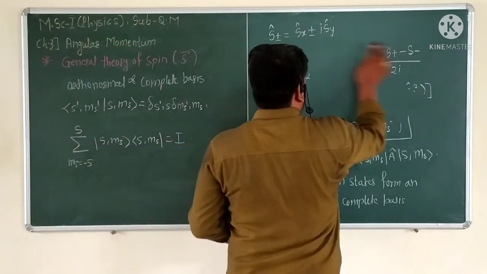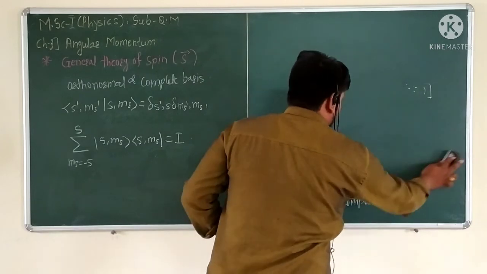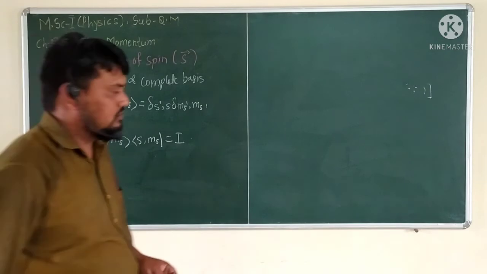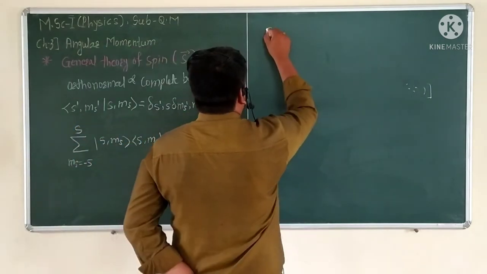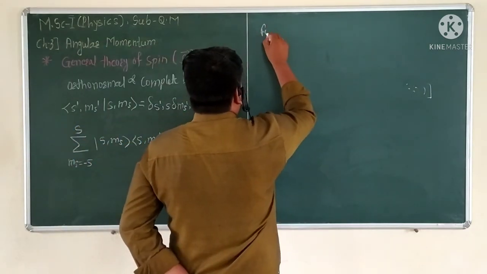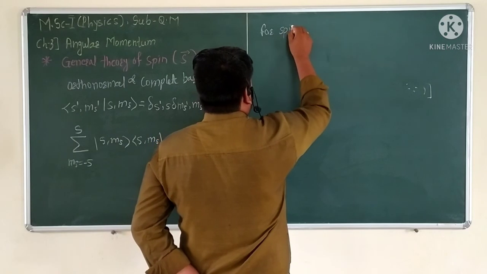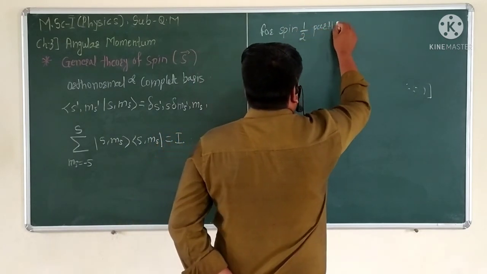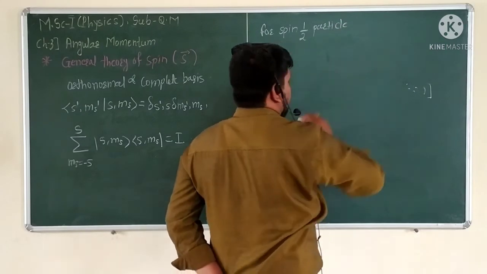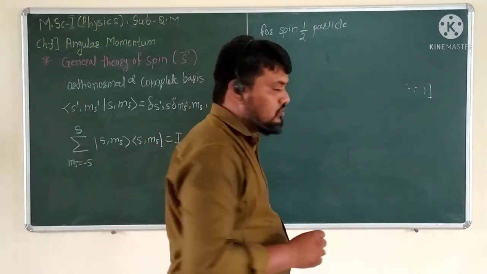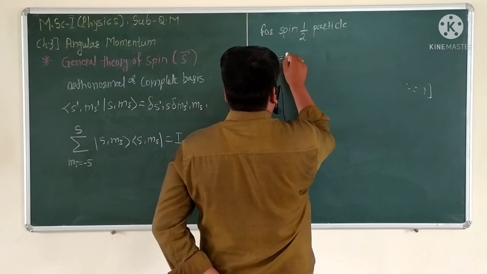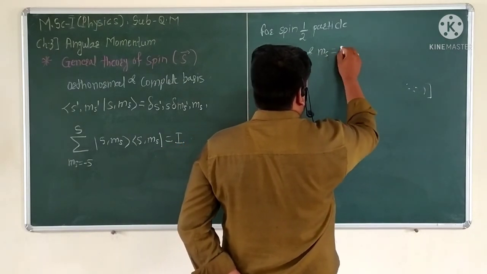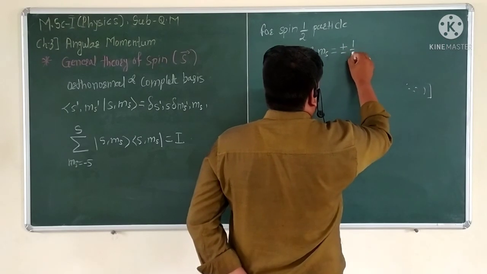So first of all, what is the value of spin? For a spin half particle, s is equal to half, and ms value is equal to plus or minus half.